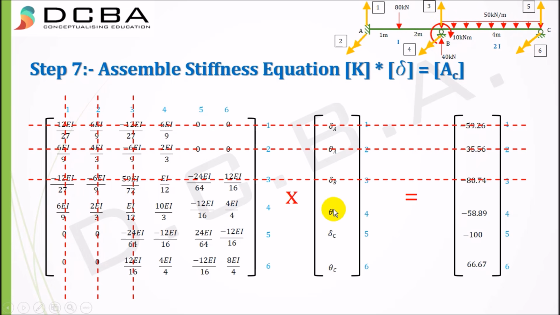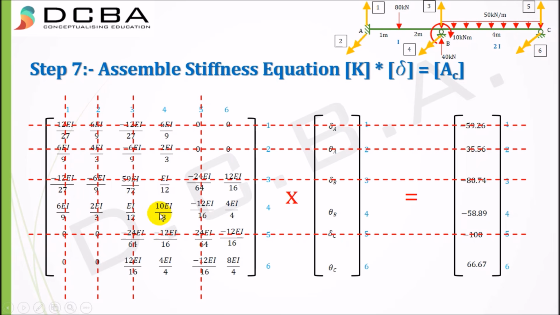Therefore, theta B will remain, and we won't cancel it out. Delta C is upward deflection at C, and again there cannot occur an upward deflection at C. Therefore, we'll cancel 5, row 5 column 5, and theta C will also occur because this is a roller support and there will be some rotation at this point. Okay, therefore we won't cancel it out again.